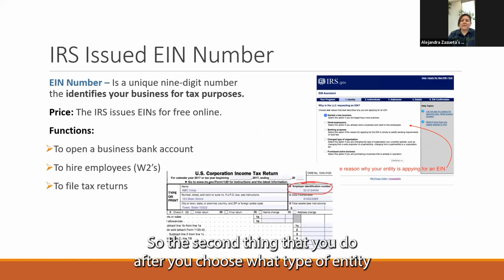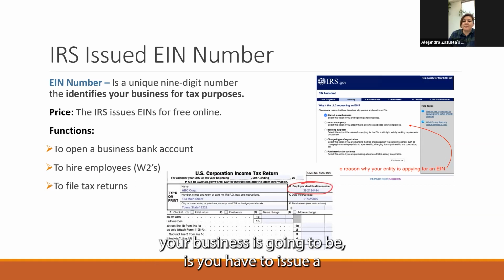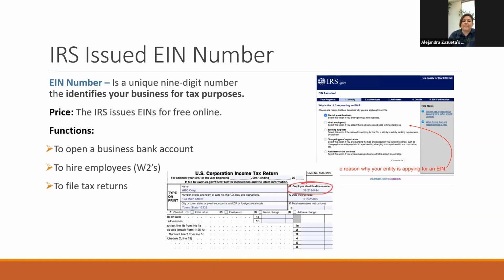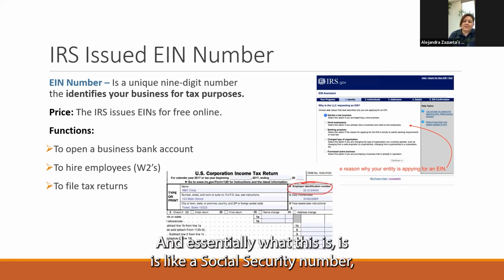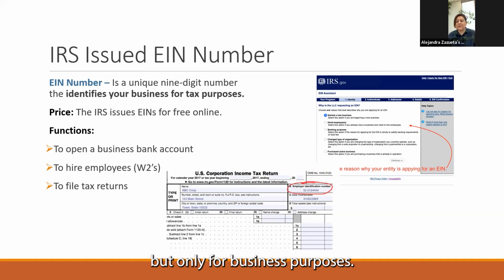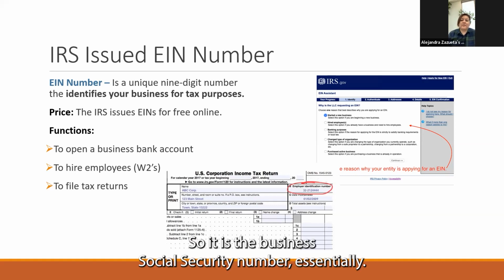The second thing that you do after you choose what type of entity your business is going to be is you have to get an EIN number. Essentially, this is like a social security number, but only for business purposes. So it is the business social security number essentially.